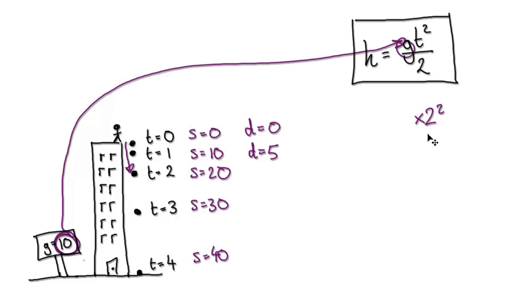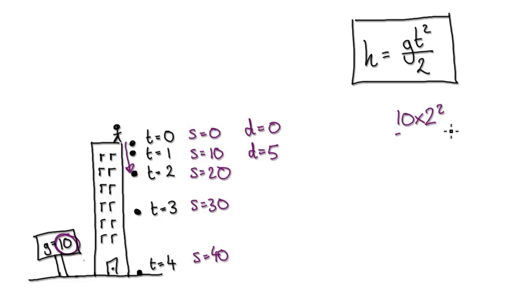So that would be times 10, and then divided by 2. So 2 squared would be 4, times 10 would be 40, and then divided by 2. So it's 40 over 2. So the distance traveled would be 20. When time equals 2, the distance traveled would be 20 meters.